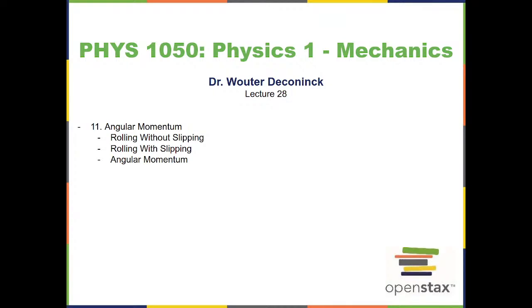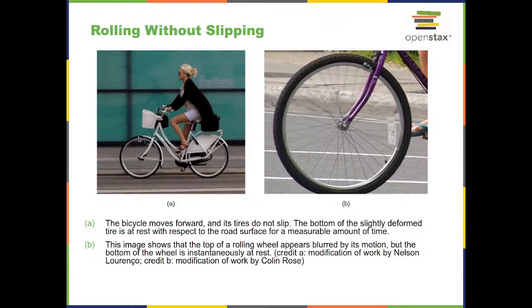So we're going to start with rolling without slipping. That's what we looked at last time. That's the example of any wheel, a bicycle wheel for example, that's rolling on the ground, where the point of contact with the ground is not slipping. That means that the point of contact with the ground has to have a zero velocity, right?